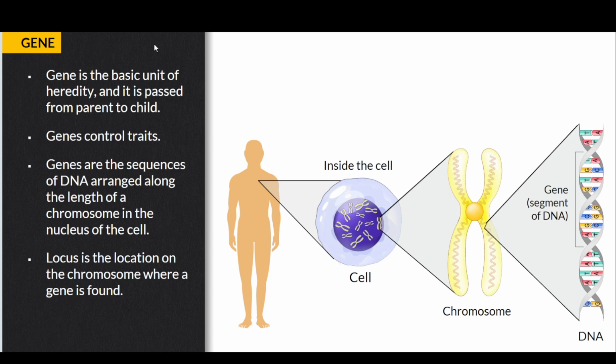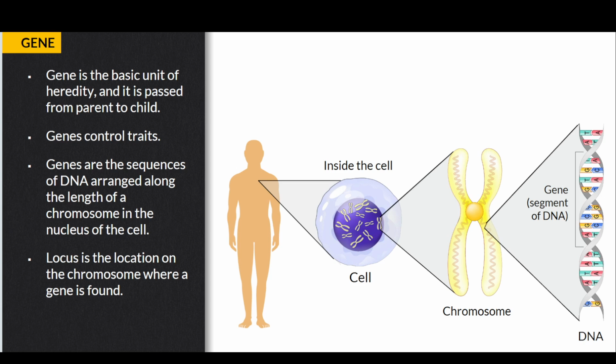So where are these chromosomes located? Inside the cell, inside the nucleus. Because our body is made up of cells, right? And they contain a nucleus. So inside the nucleus, the chromosome is there, and inside the chromosome there is a DNA segment which is called a gene.